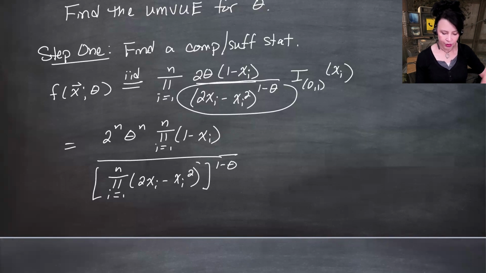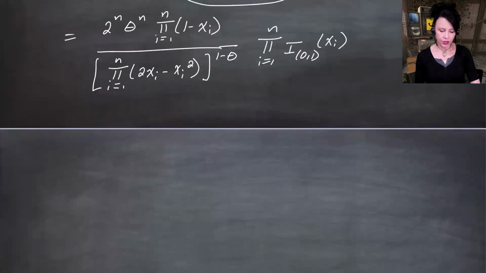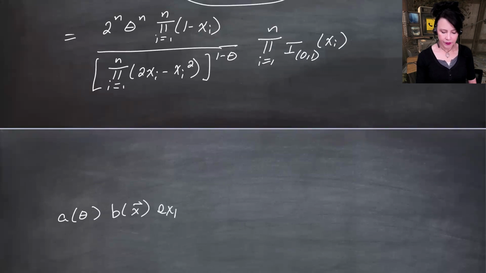So yeah, it's okay if you had left that in here, but eventually you're going to have to pull it out to get the separation we want. And then finally, a product as i goes from 1 to n of the indicators. So we're looking for an a of theta, a b of x, and an e to the c of theta, d of x.